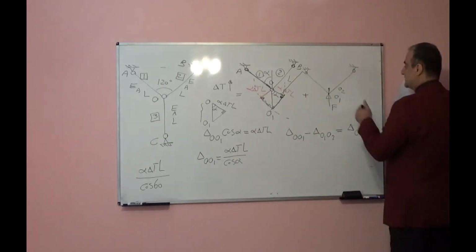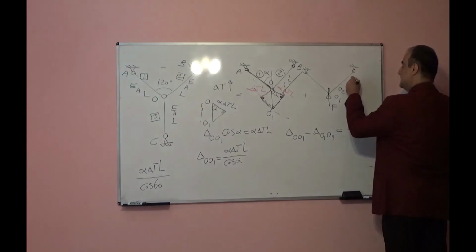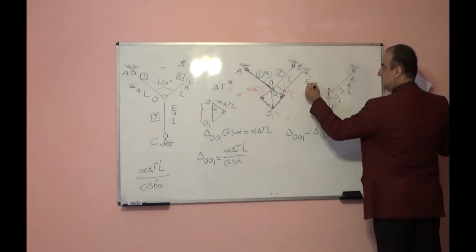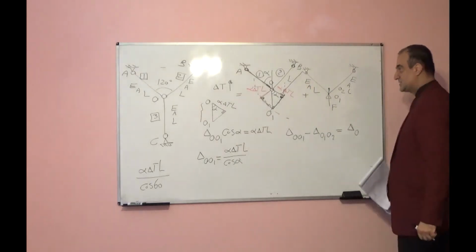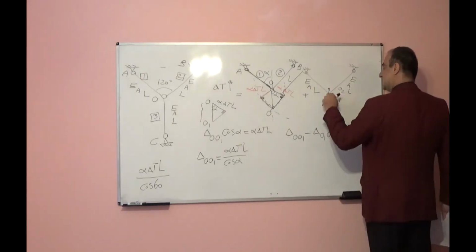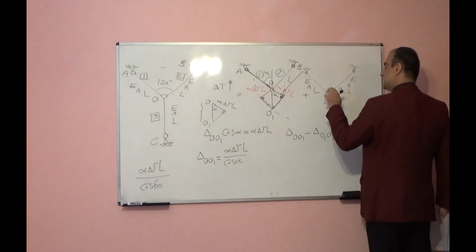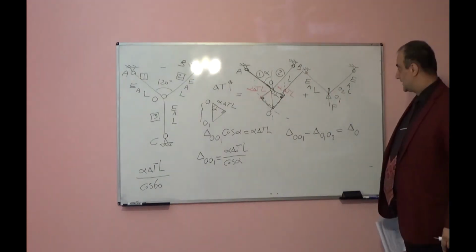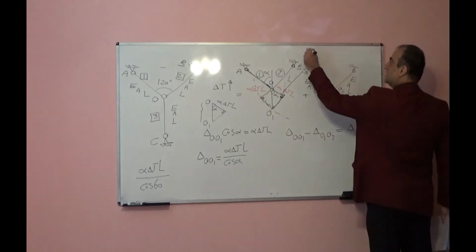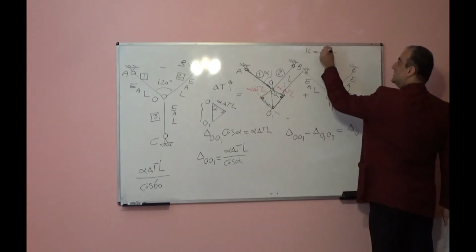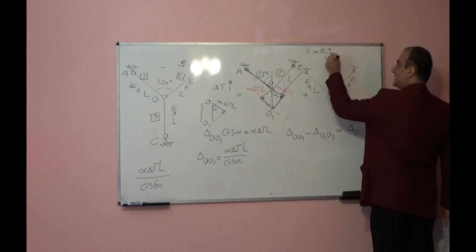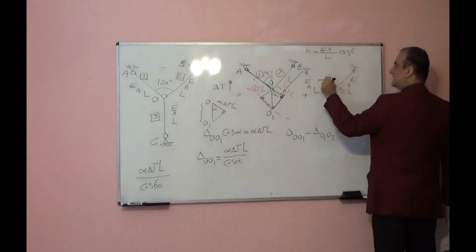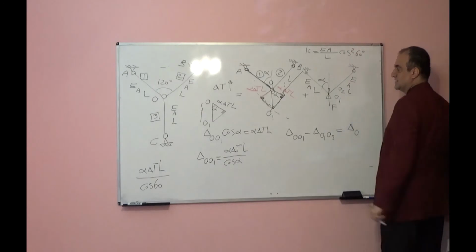We can calculate that because we know E, A, L for this member, and they will deform in vertical direction both equal. So both of them are in parallel, and the stiffness of each one is equal to E A over L cosine square of this angle alpha, which is 60.